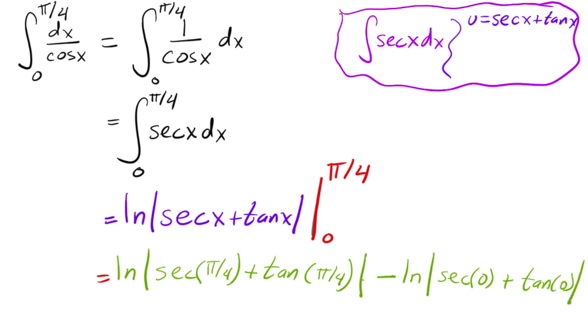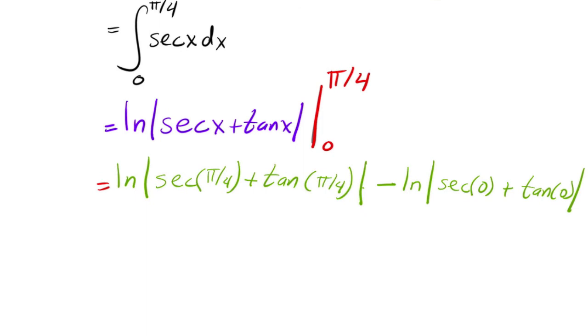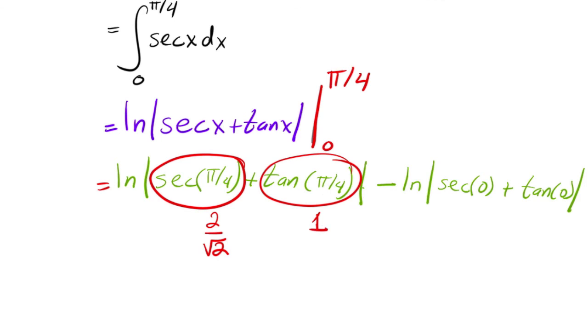Okay, so now let's try to figure out each one of these. Secant of pi over 4, well, cosine of pi over 4 is root 2 over 2, so that means secant is going to be 2 over root 2. Tangent of pi over 4 is 1. Secant of 0, well, cosine of 0 is 1, so secant is going to be equal to 1, and then tangent of 0 is 0.